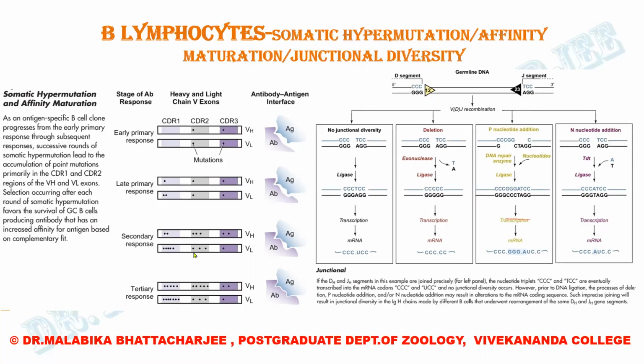As you can see, mutations are accumulating. Successive rounds of mutations are accumulating in such a manner that the antibody is gradually having a stronger and stronger association with the antigen. So these mutations are selected, and this phenomenon is known as somatic hypermutation.